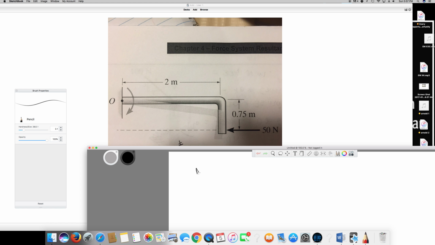So moment is going to be negative 0.75 times 50.